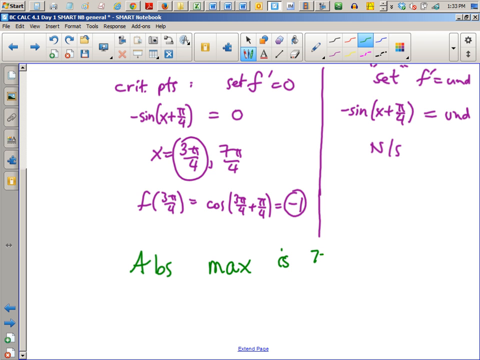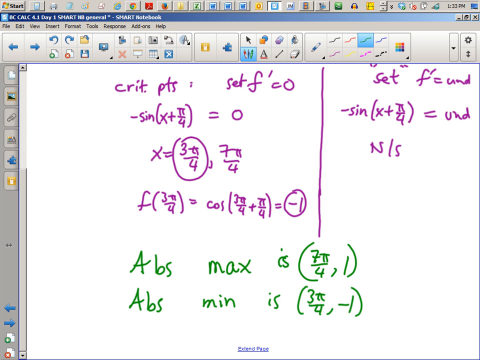And the absolute lowest point was actually our third candidate, 3 pi over 4, negative 1. As for that other point, remember when we tested 0? I guess it's just neither. It's not that important. Maybe he's a relative min or something.